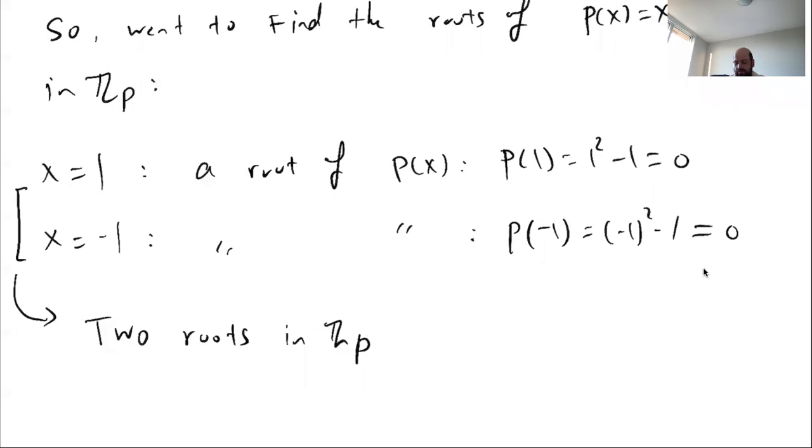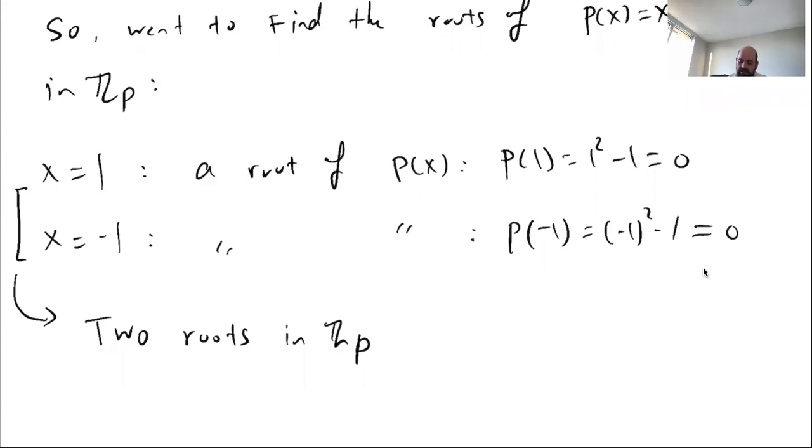Well, you may tell me that -1 is not one of the numbers in ZP, because ZP starts from 0, 1 all the way to p -1. But yes, -1 is not in that list. But I can find the equivalent number to -1 in ZP by just adding p to my number.